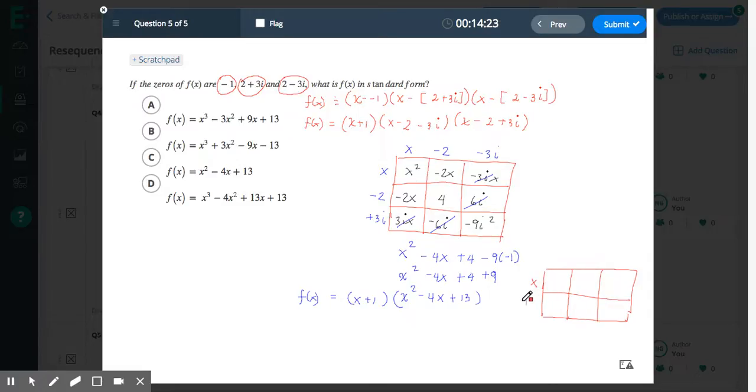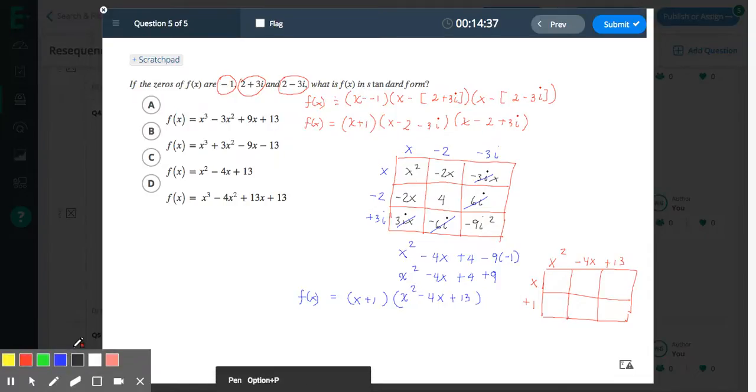So we'll have x plus 1 in the width and x squared minus 4x plus 13 for the length.